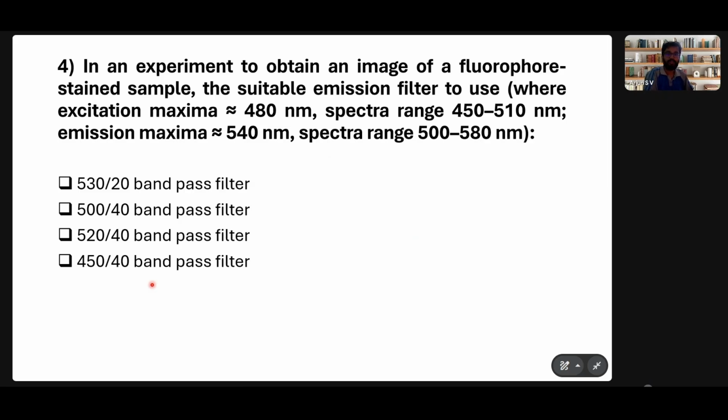So question number 4. In an experiment to obtain an image of a fluorophore stained sample, what is a suitable emission filter to use where the excitation maxima is 480 nanometer, spectra range is 450 to 510 nanometer, emission maxima is 540 nanometer, and spectra range is 500 to 580 nanometer.